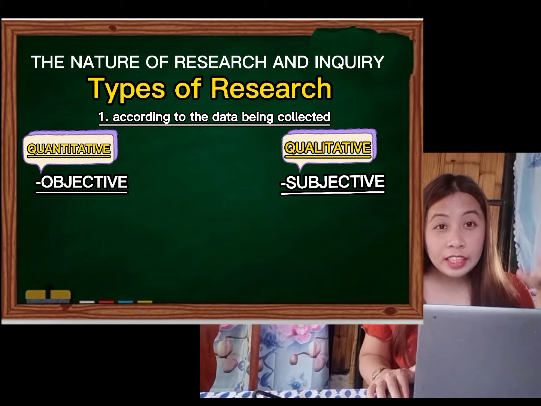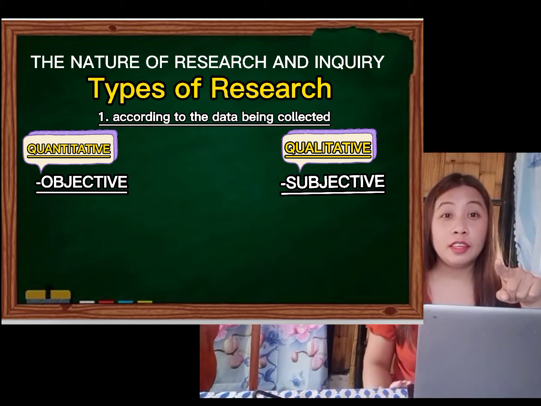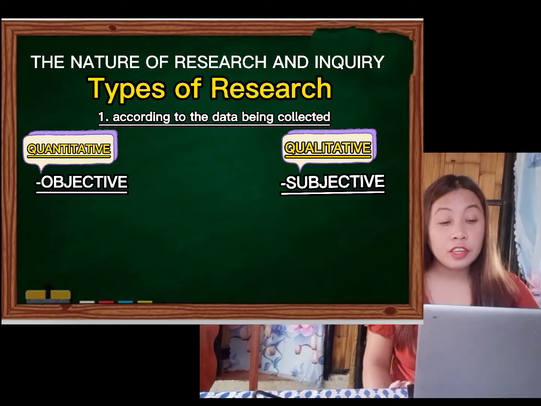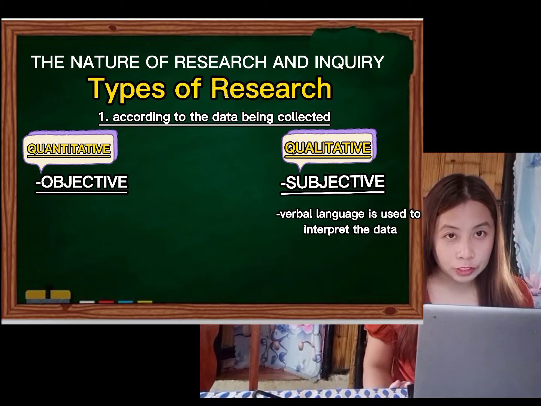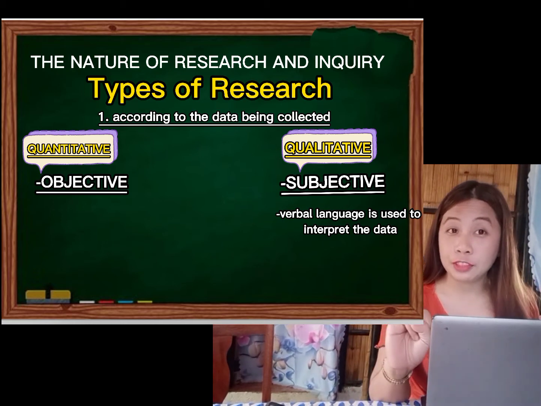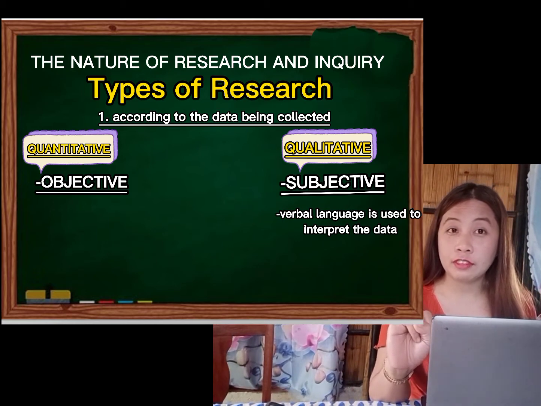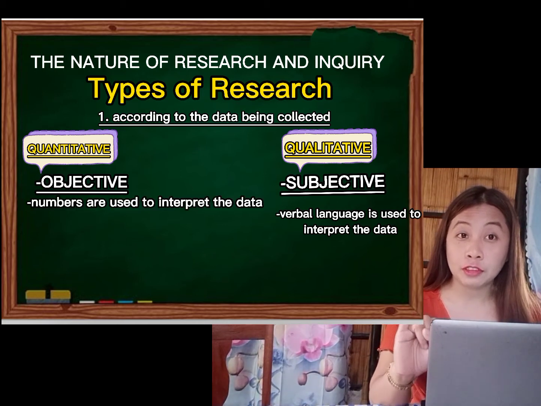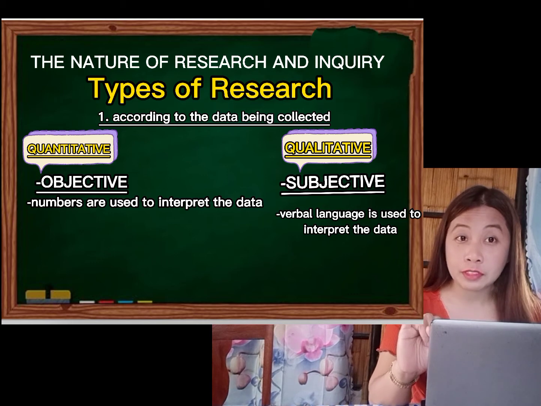So, in qualitative, the study is what? Interpreted using verbal language. Ulitin natin. Si quantitative, objective siya. Bakit siya naging objective? Kasi we used numbers to interpret the result of the study. Meron siyang frequency na ginagamit.